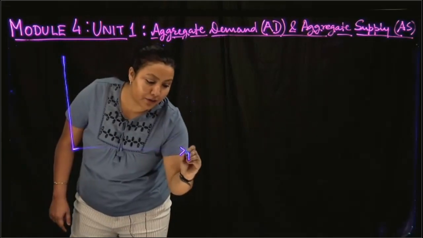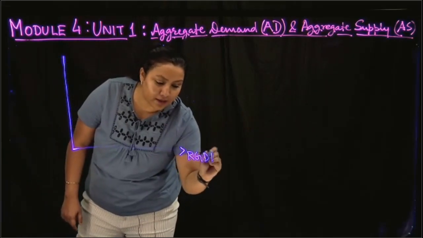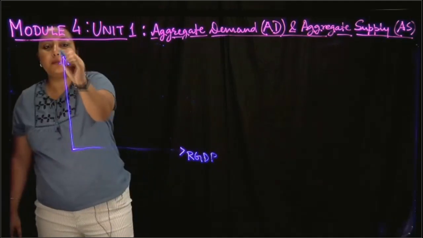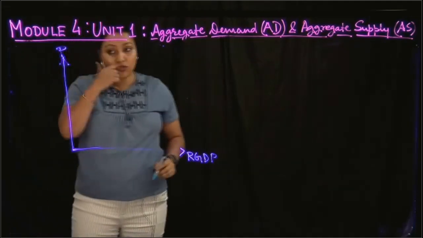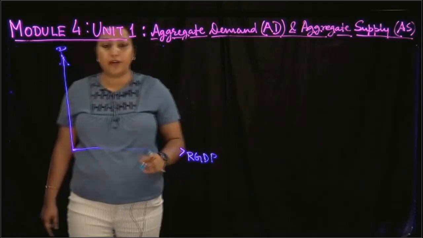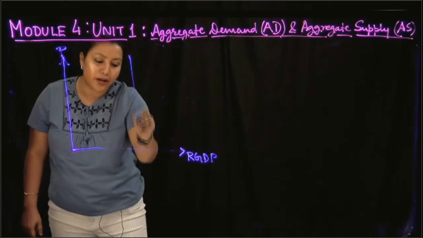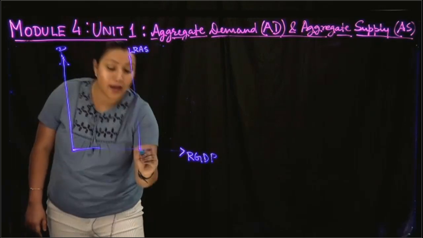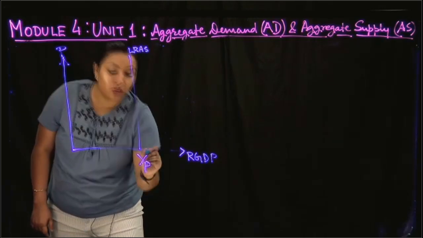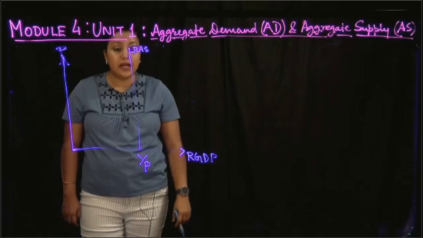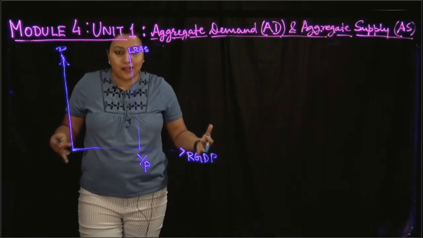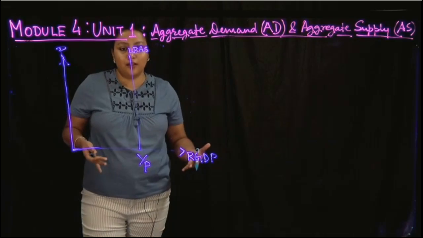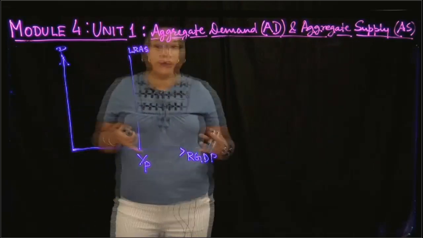I have my real GDP on the x-axis, my price index on the y-axis, reminding you this is not a dollar value. This is the objective of the economy, so that's your long run aggregate supply, and that's your potential real GDP, YP.